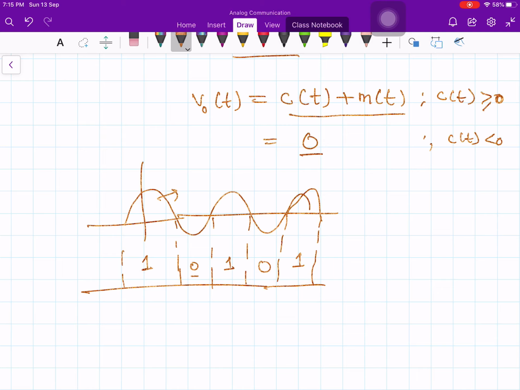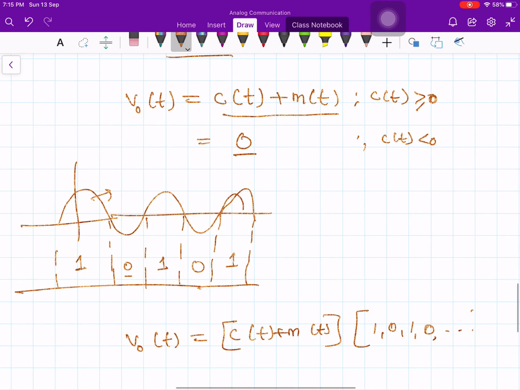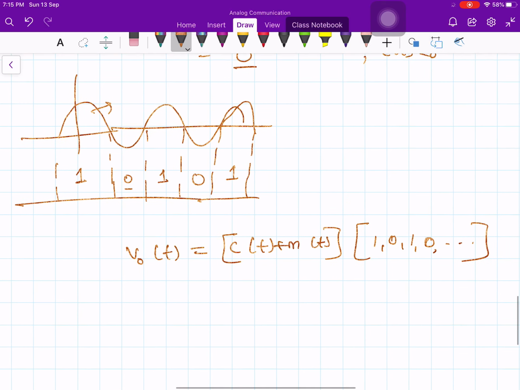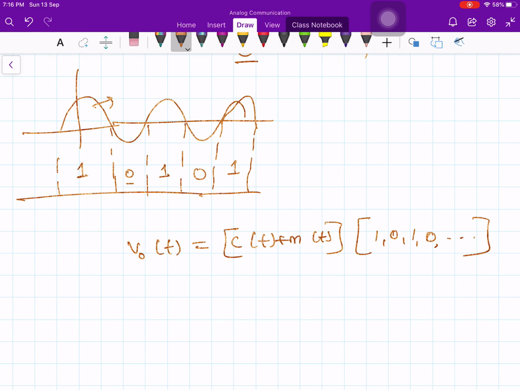So, essentially your v0(t) is nothing but c(t) plus m(t) multiplied by a sequence of 1s and 0s like this, and it keeps on going.